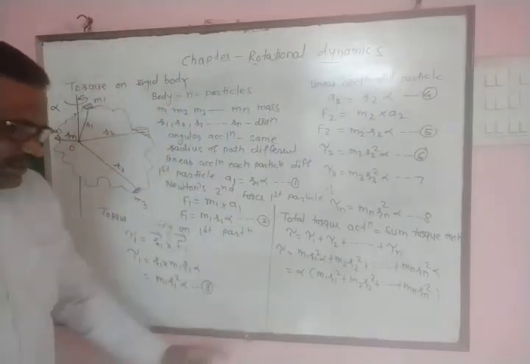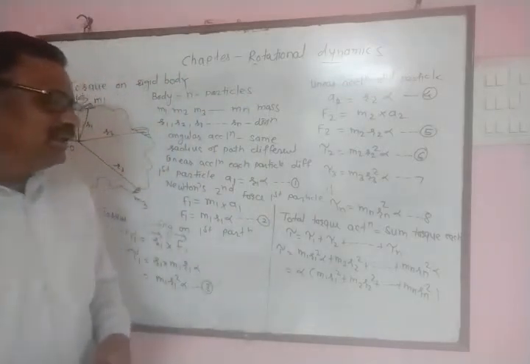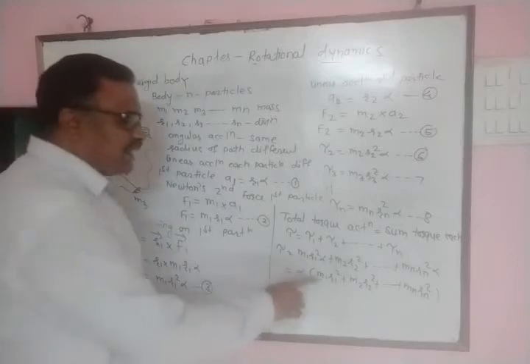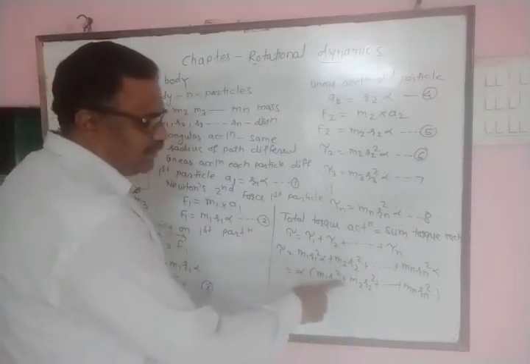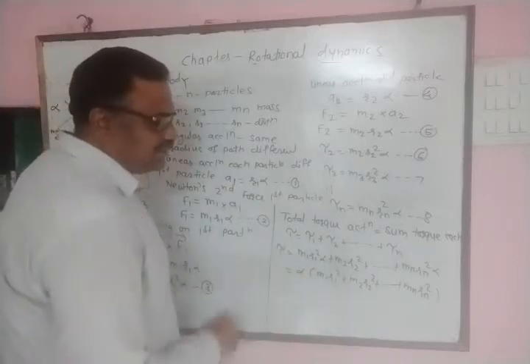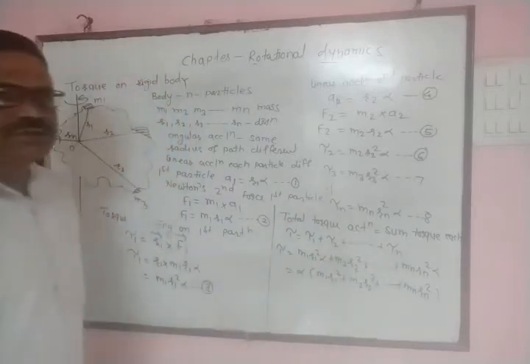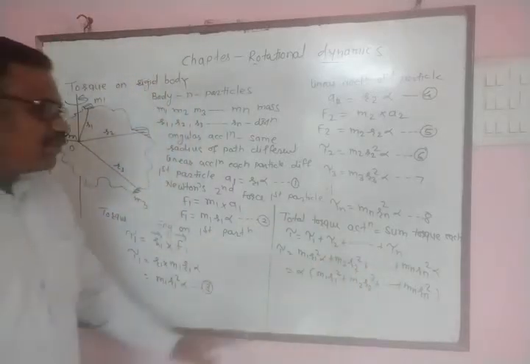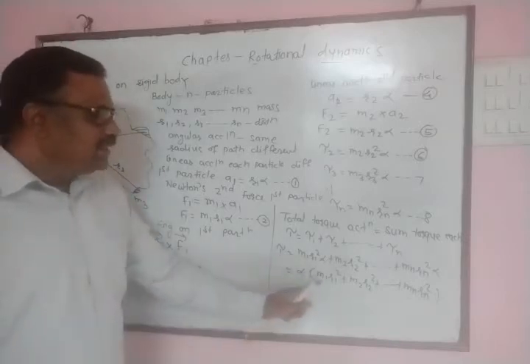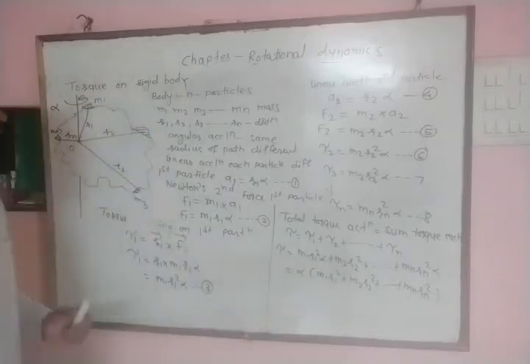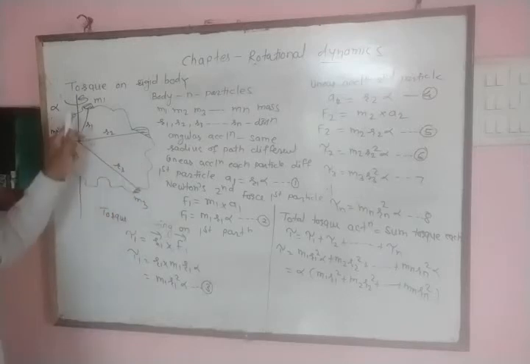If we observe this bracket carefully, then we find this bracket is the sum of product of mass of each particle and square of distance of particle from the axis of rotation. Therefore, by the definition, it is the moment of inertia of this rigid body about axis of rotation.